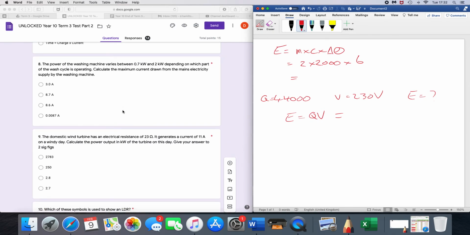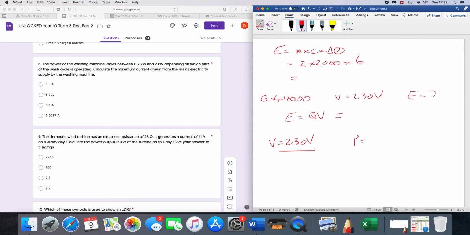Question 8. The power of a washing machine varies between 0.7 kilowatts and 2 kilowatts depending on what part of the wash cycle is operating. Maximum current would be when the maximum power is being delivered. So here you have to know that V is 230 volts. That is a fact that you need to know as part of the specification.